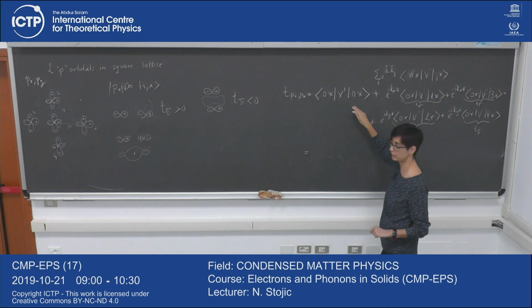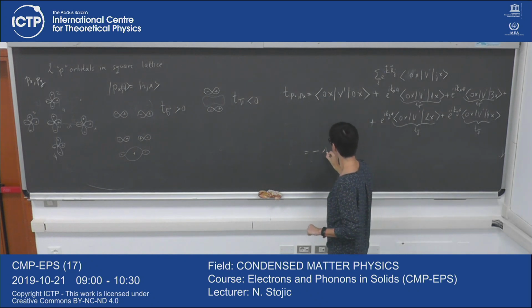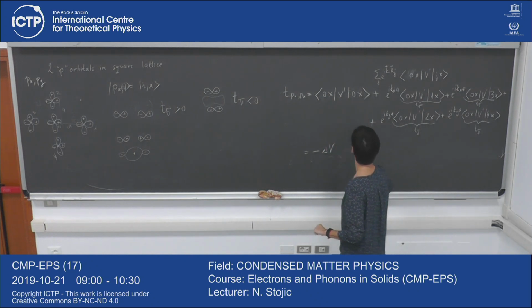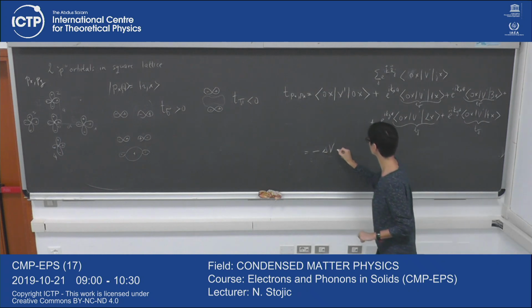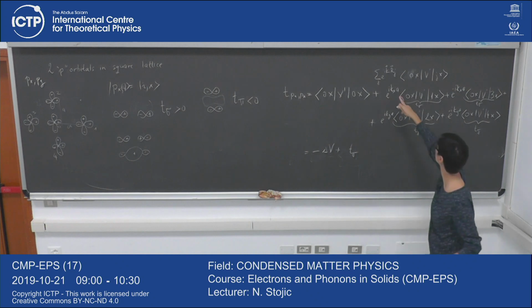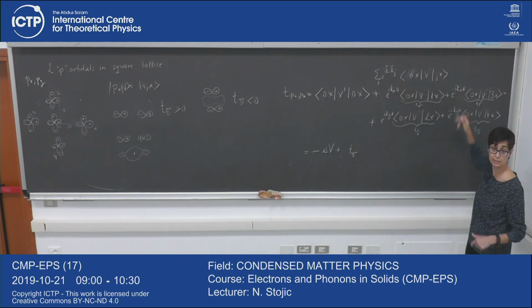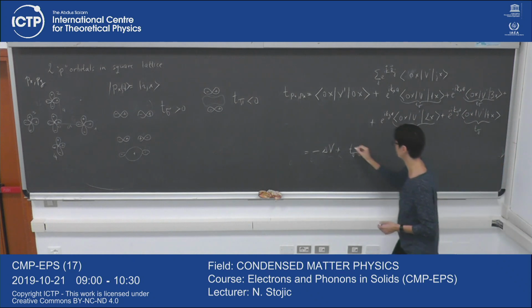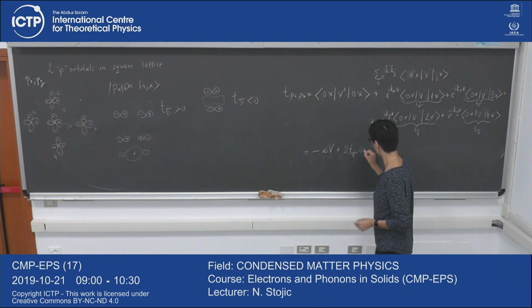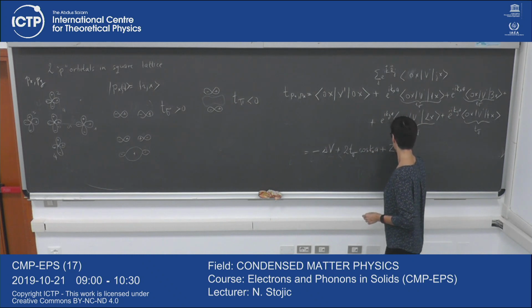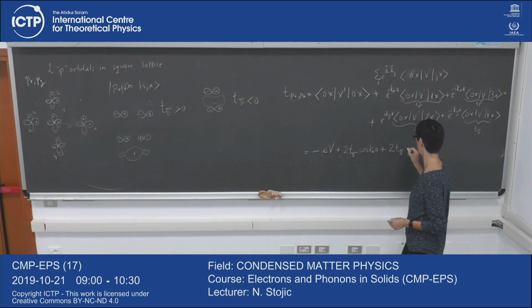This is the crystal field, minus delta V. Plus T sigma, I have IKXA minus IKXA, which is 2 times cosine KXA, and very similar for the pi.